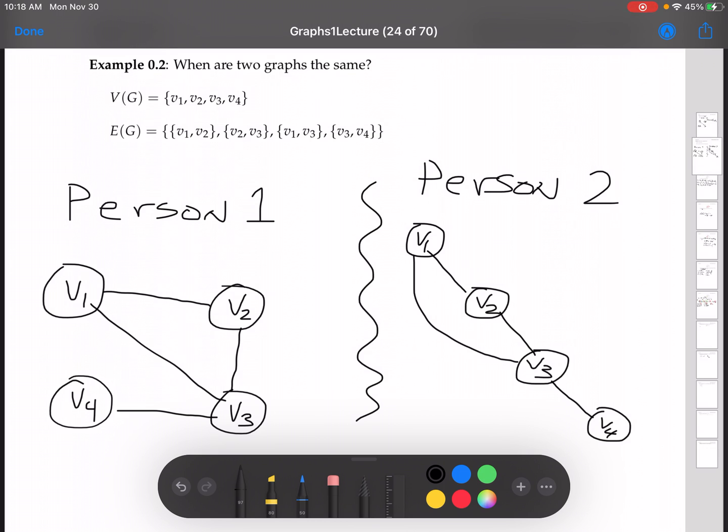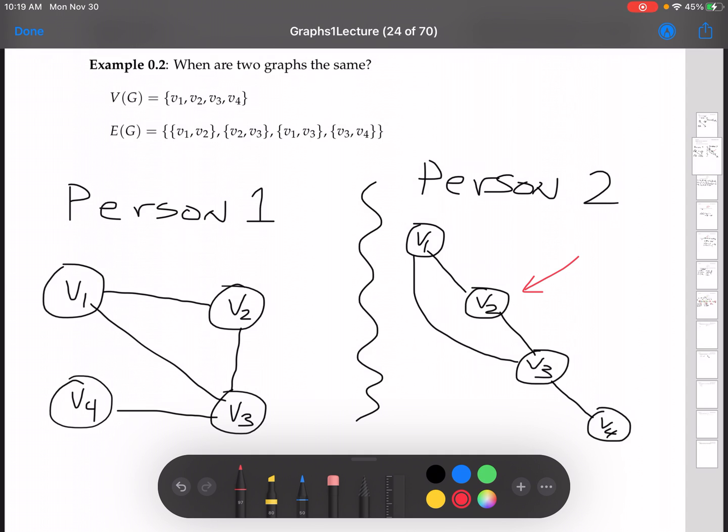Because graph theory itself is the geometry of position. All that matters is the positional relationships. And what I mean by that is looking at V2 here, there is an edge from V1 to V2 that touches V2, and there's an edge from V2 to V3 that touches V2.